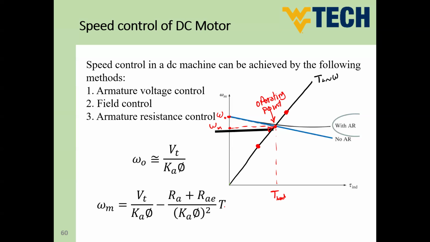It is a dependent variable, so it will vary according to our speed control. We cannot say we will change torque in order to control speed. No, this is incorrect because this is a dependent variable. So omega m and torque will be dependent variables in the speed control.